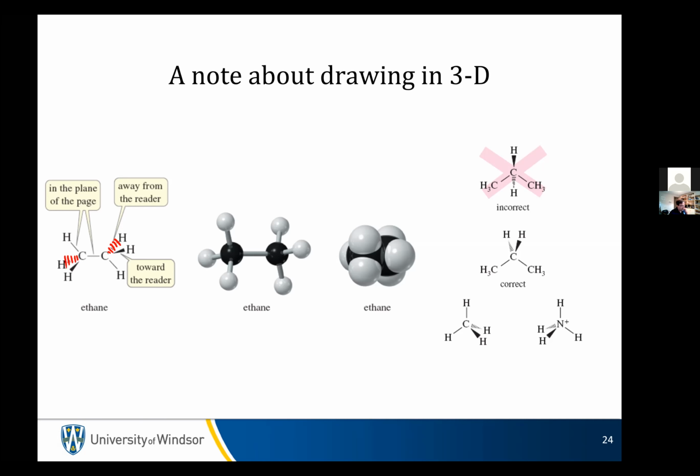In North America, we tend to start small at the space that is closer to you and get big as you get further away. So that means that hydrogen is behind that carbon on those red things. And then the big wedge is that hydrogen is towards me. The Europeans, of course, think you should start small further away and then get bigger as you get closer. They are, of course, right logically, but they are wrong because we're not European.